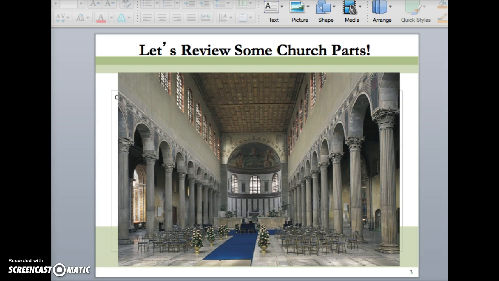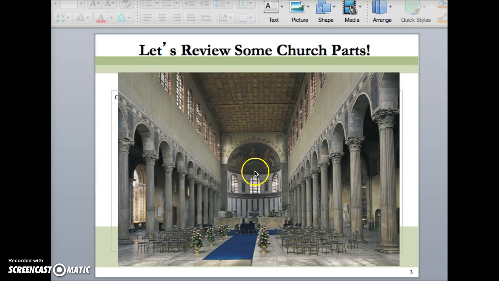As we're looking at the interior of this church, hopefully you're recognizing this as Santa Sabina from Rome. This is an early Christian basilica, so it has the typical flat timber roof. It has fluted Corinthian columns. We are looking in through the nave, also known sometimes as the naos.